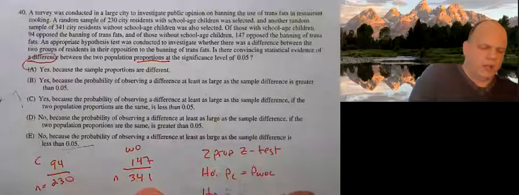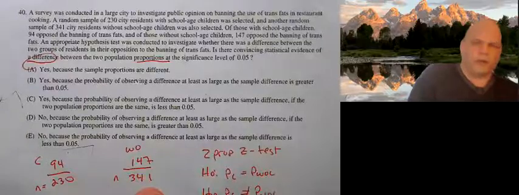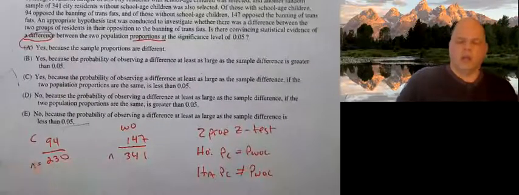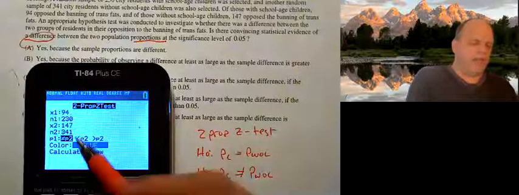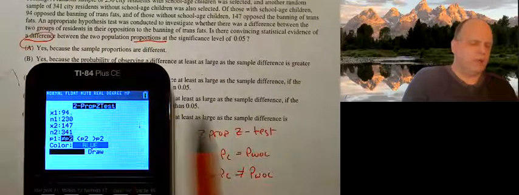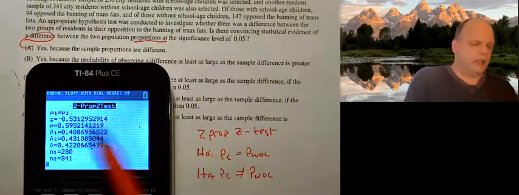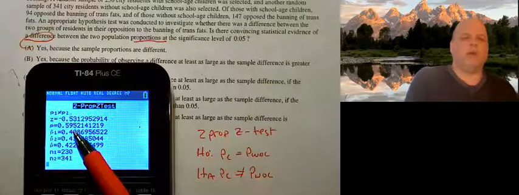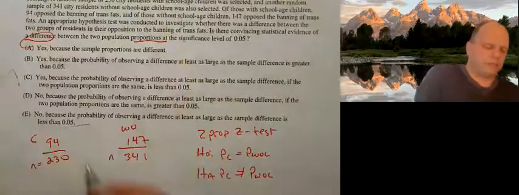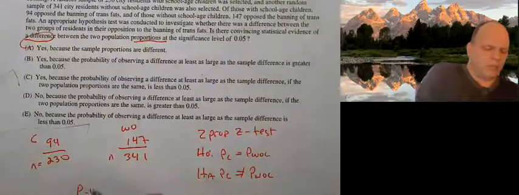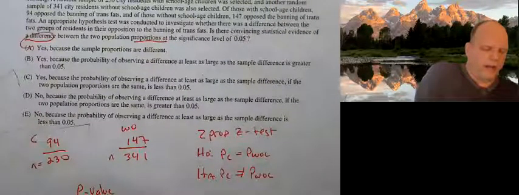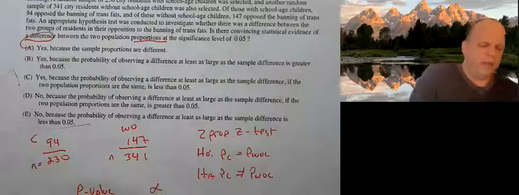HA, P children is different than P without children. So I need to make sure I have not equal highlighted. I calculate and I get a p-value of 0.595. Compared to alpha, they said an alpha level of 0.05.